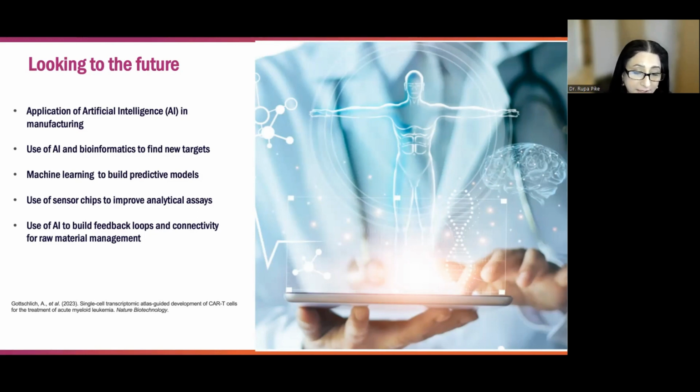And then there are ongoing efforts to use AI-based computer vision systems in GMP-regulated environments, which can eventually replace subjective and error-prone human operator readings for QC assays. Other examples are machine learning to build predictive models, use of automated sensor chips to improve analytical assays, and use of AI to build feedback loops and connectivity for real-time raw material management. Next slide.